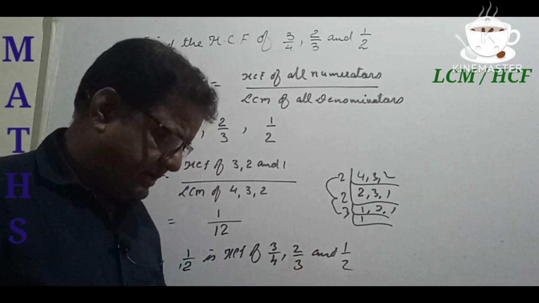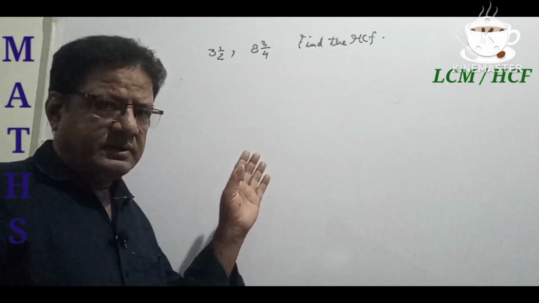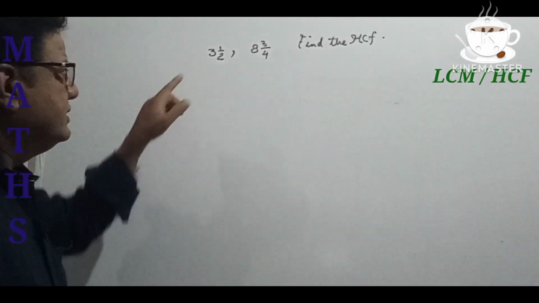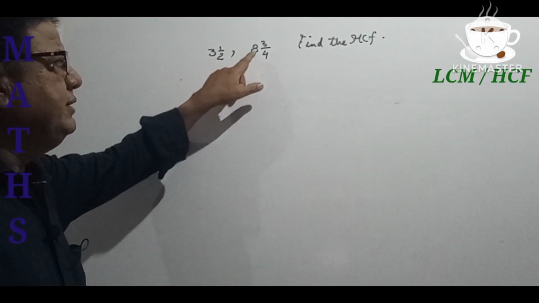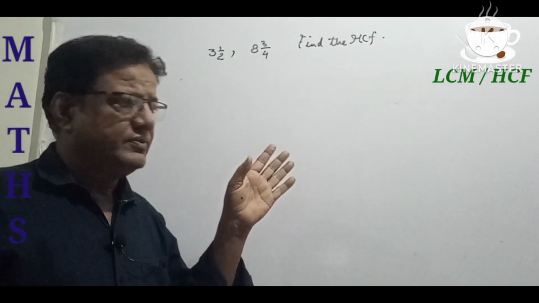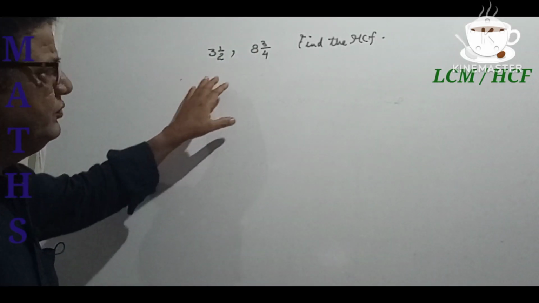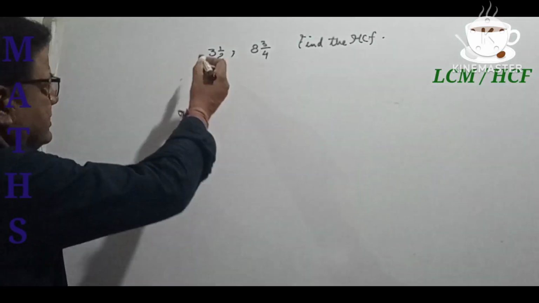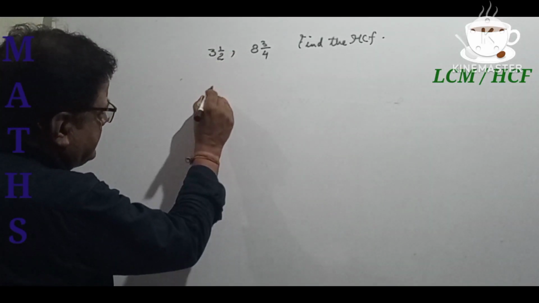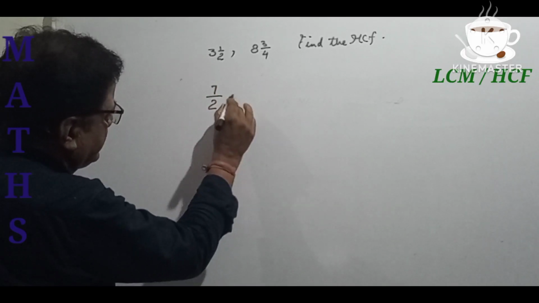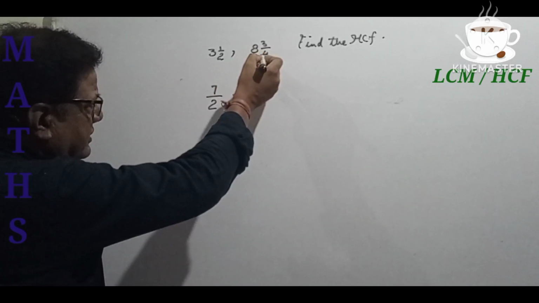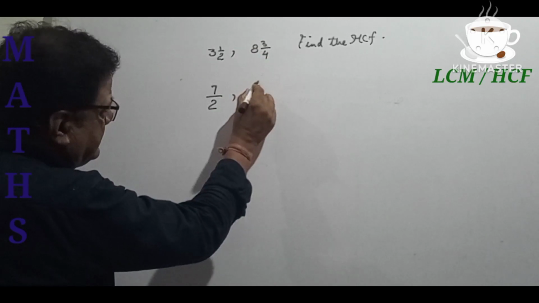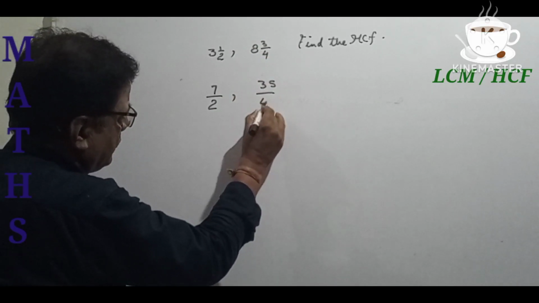Now we take another question. This question: 3 1/2 and 8 3/4. Find the SCF of these given numbers. First of all, we change these numbers into simplest form. 3 2s are 6 plus 1, 7 upon 2, and 8 4s are 32 plus 3, 35 upon 4.